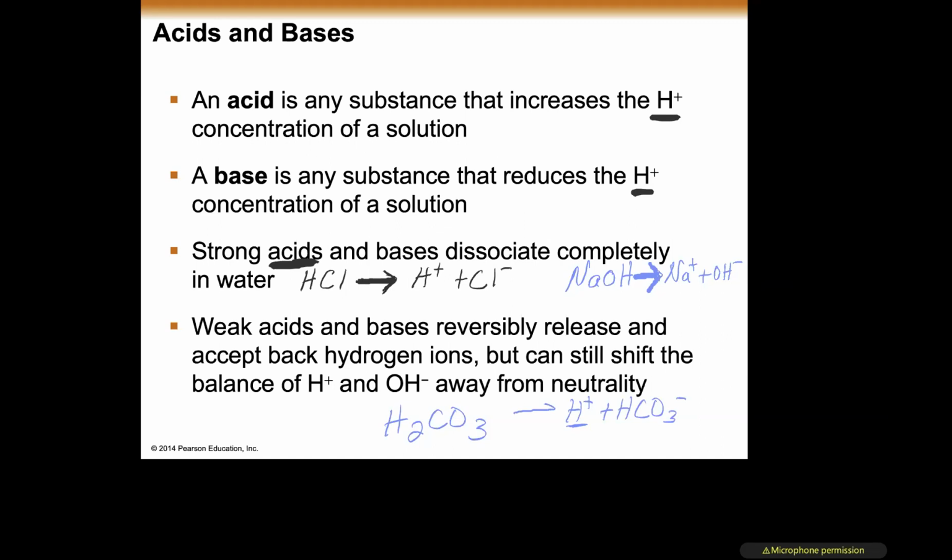But carbonic acid is considered a weak acid because it can return back to its form. So the chemical equation can dissociate the H and then it can also go back and become carbonic acid again. That's important to know, and we'll talk about that in a little bit. If you want to take a screenshot, now's a good time to take a screenshot.